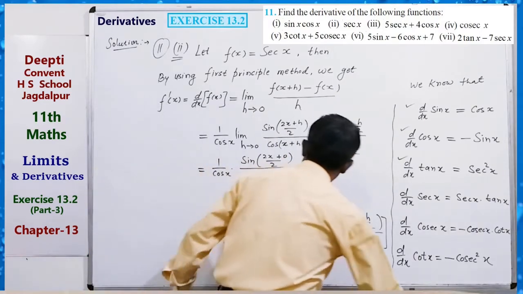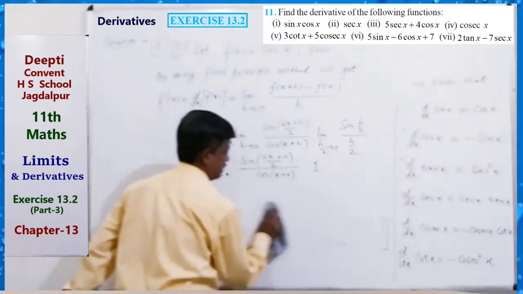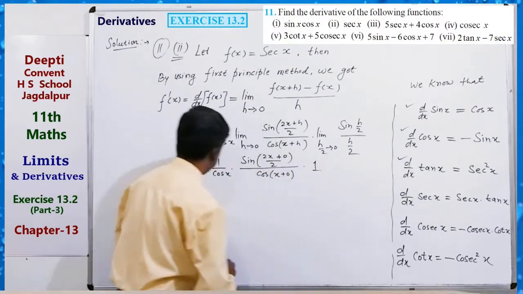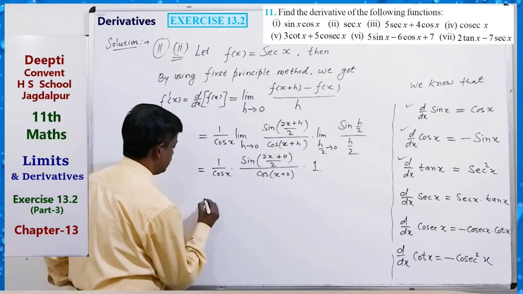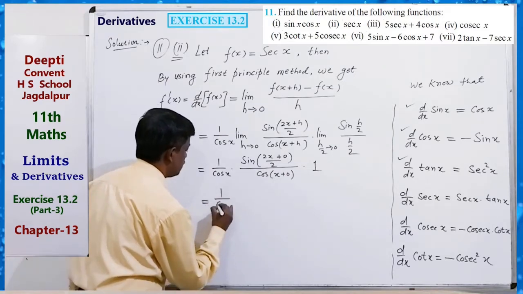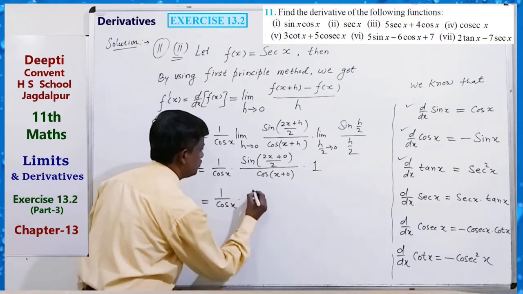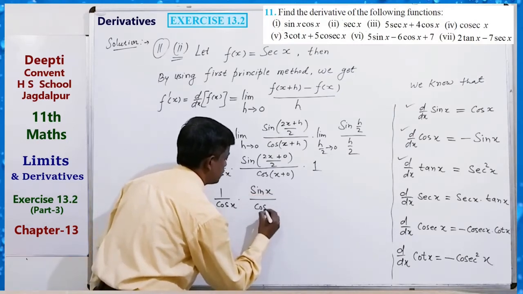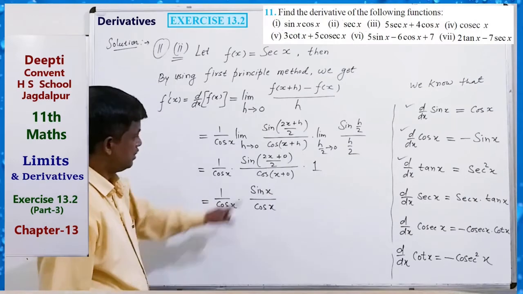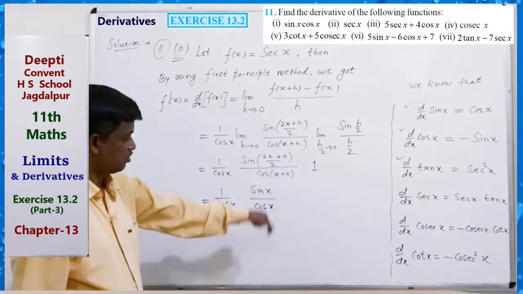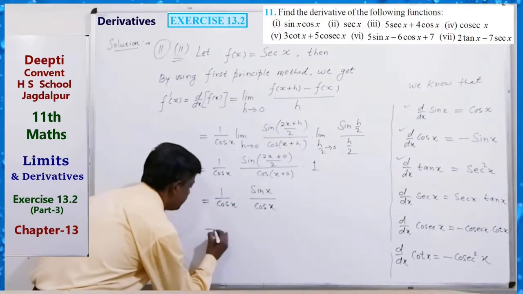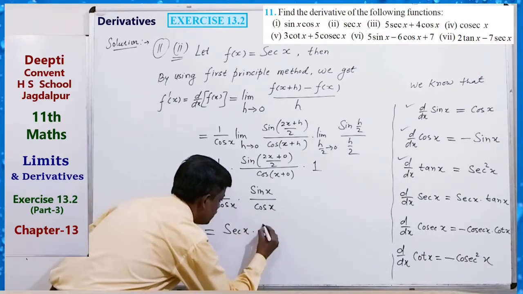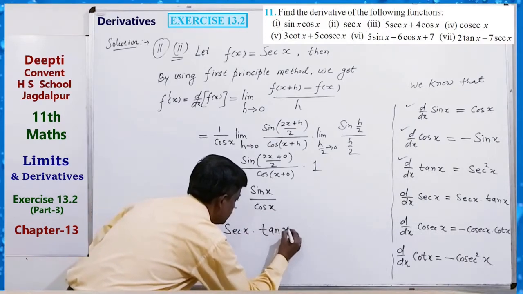So we get what? See here, 1 by cos x into sin x by cos x. Here 2 to cancel, sin x by cos x. So 1 by cos can be written sec x, sin by cos can be written tan x.